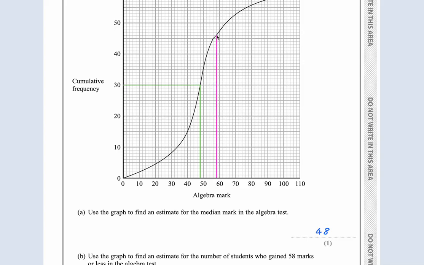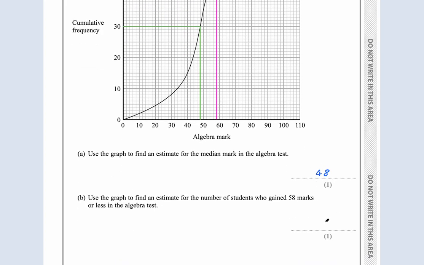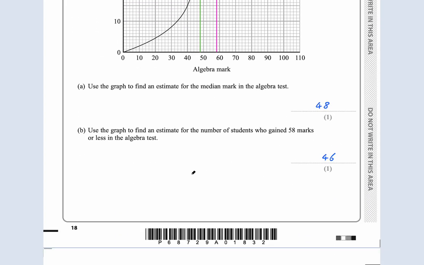Up to there and across, and these are going up in 1s, be careful. So that's 46. How many students scored 58 or less? Well, the answer is 46, because that's what a cumulative frequency graph is. So the answer is 46, and that's only 1 mark.